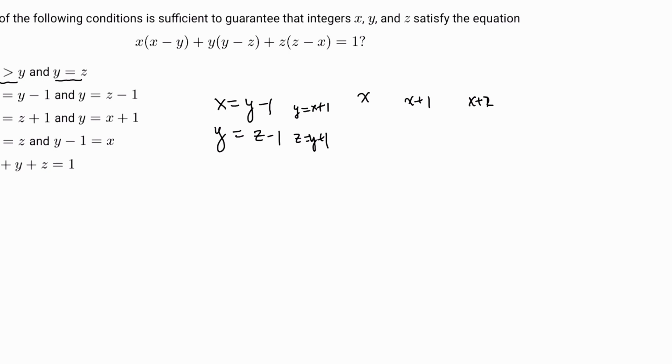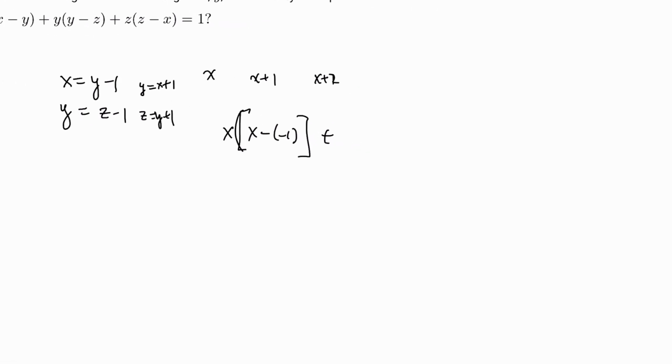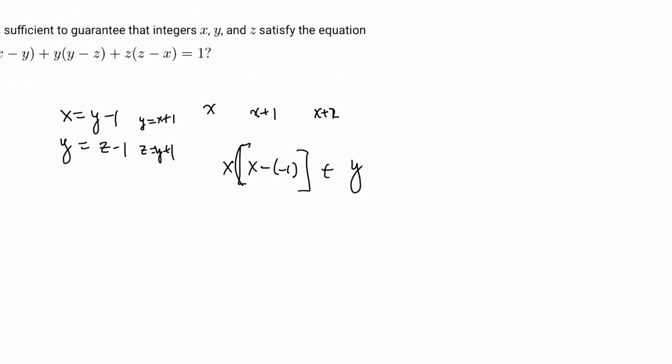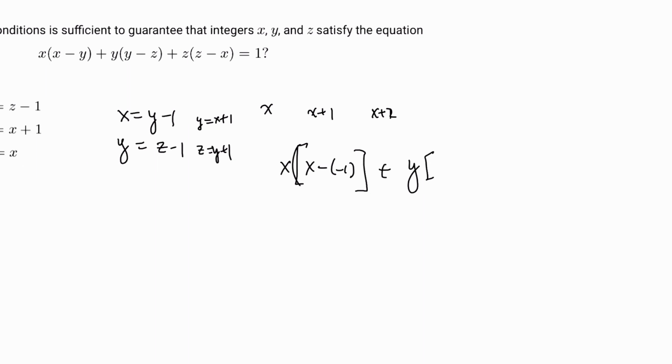If we plug those in, we get x minus y, which is just negative 1, plus y times y minus z. The smaller minus the larger one, so y minus z is just negative 1.